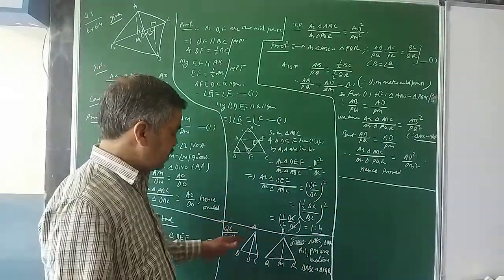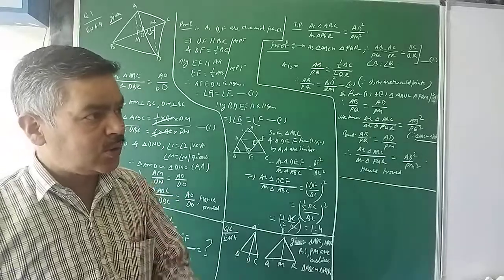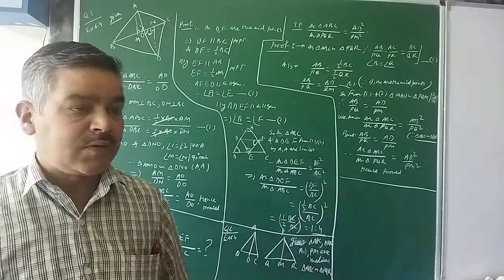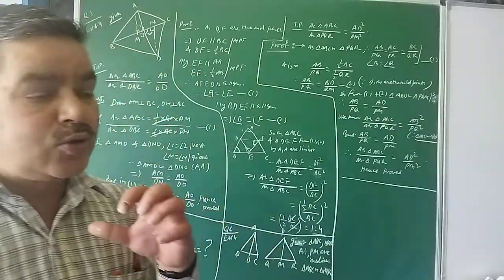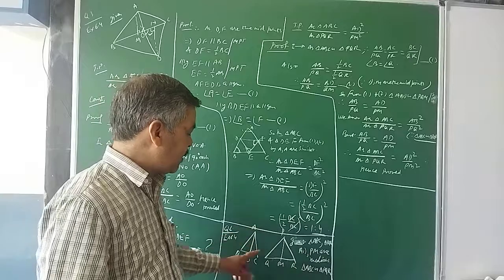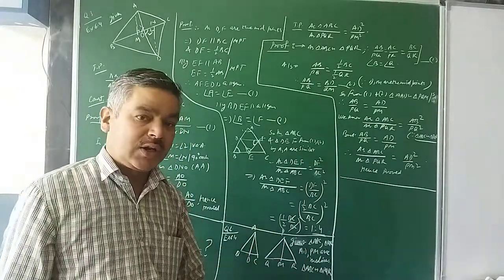We said that is equal to the square of their corresponding sides, but that is also equal to the square of their corresponding medians. And please add somewhere in your textbook that it will also be equal to the ratio of the squares of their altitudes, if you draw the altitudes in place of AD and PM.